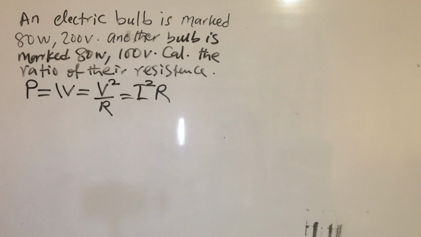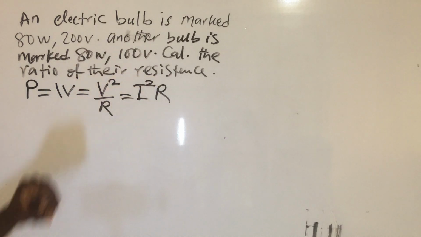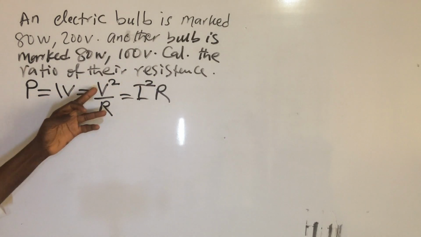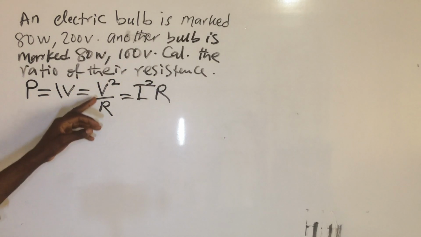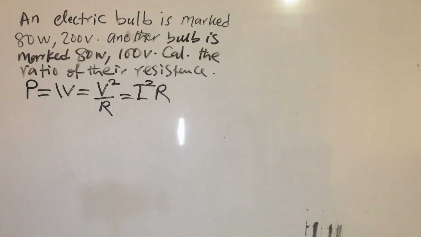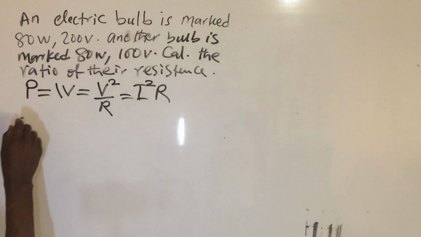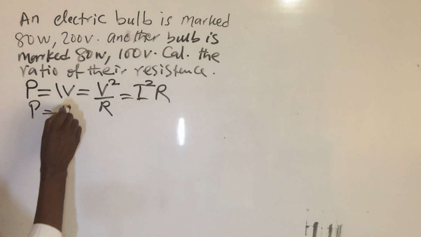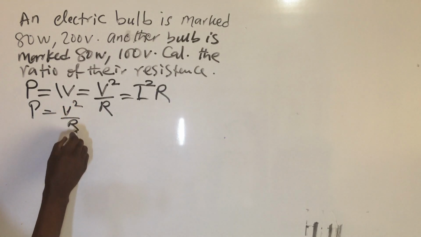So from these formulas, we calculate electrical power, okay? Now, in the question we only have the information of power and the voltage, and we shall find the resistance. So we have power and voltage and resistance, which means we are going to use this one, right? Now we have power equals V squared over resistance.